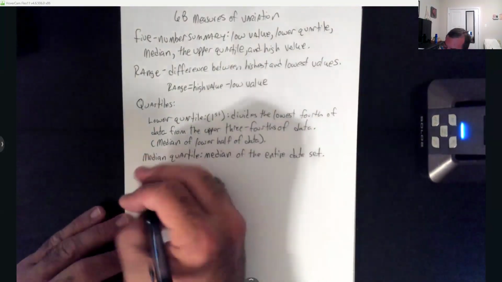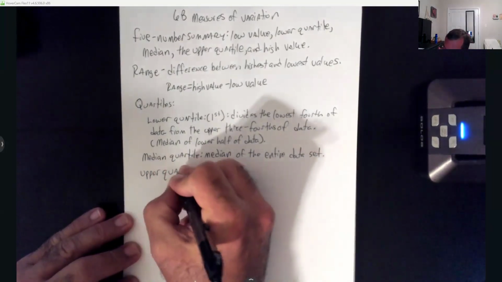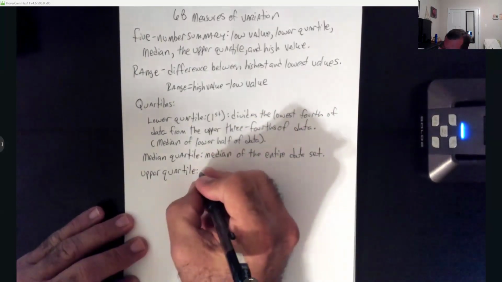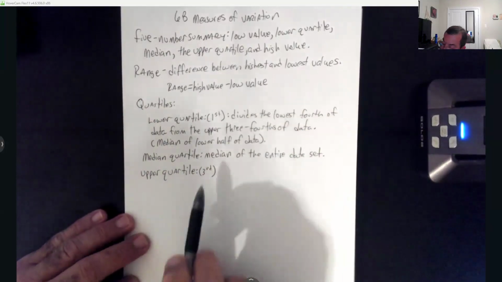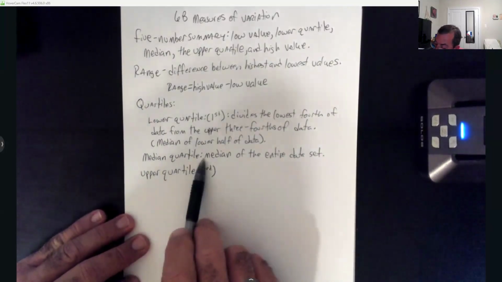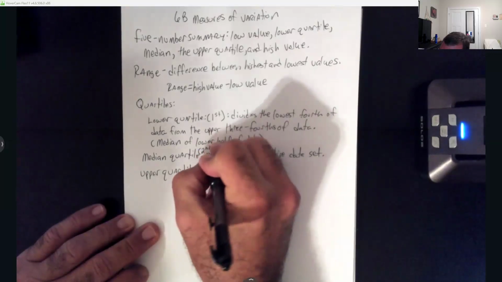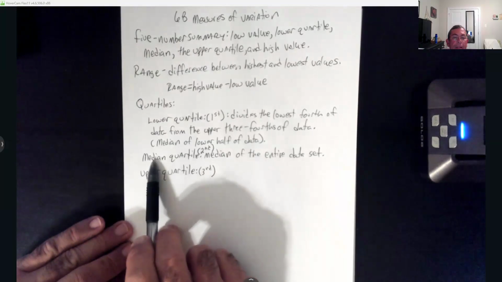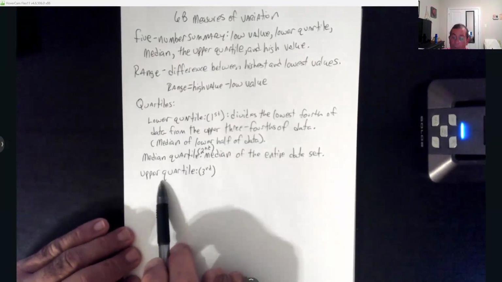All right, then we got our upper quartile. We often call that the third quartile. And actually, this median quartile is often called the second. I forgot to give y'all that one. So the first quartile is your lower quartile. Second quartile is that median quartile. Third quartile is the upper quartile.